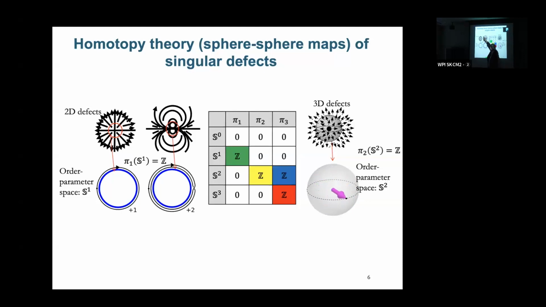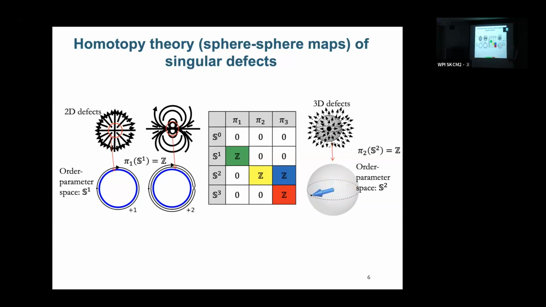Therefore, you can do the mapping from this configurational space of one S1 circle to another. With that, you can characterize these field configurations depending on how many times you wrap the order parameter space with the field configuration corresponding to this topological object.